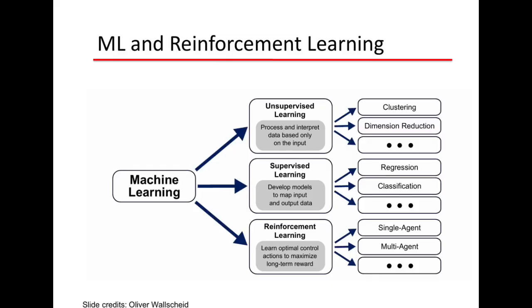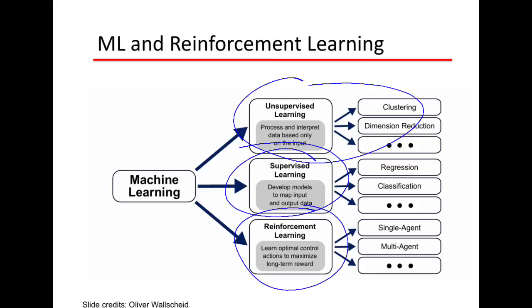So if you look at the machine learning areas, we talked about unsupervised learning, where we talk about clustering, dimensionality reduction, generative models, and supervised learning, typically regression and classification, and reinforcement learning is the third branch. It has single agent, multi-agent, and various other variants. We are going to cover just a very brief overview of this field. It deserves a separate course altogether if you were to cover it in more detail.